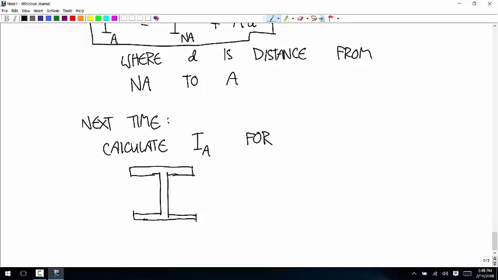Okay, so I'm going to do that. Let's see, the centroid of an I-beam is here. We know that because it has two lines of symmetry. This is the neutral axis.